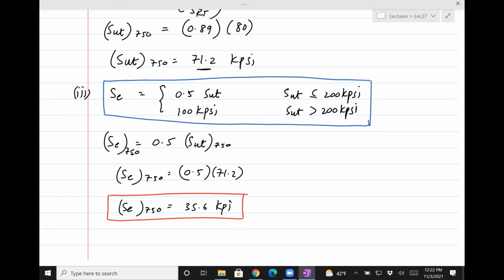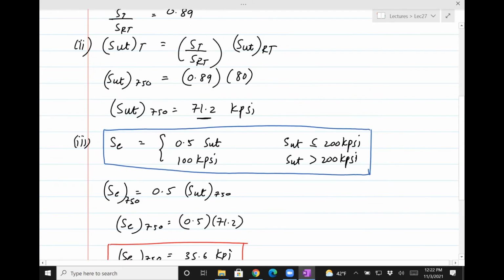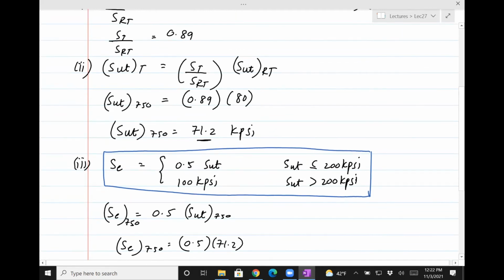So if we use SUT at room temperature, why do we use the tensile strength for that variable? I didn't quite follow. Okay, so SUT at 750 equals ST over SRT times SUT at room temperature. Right. So then we plug in tensile strength into SUT.